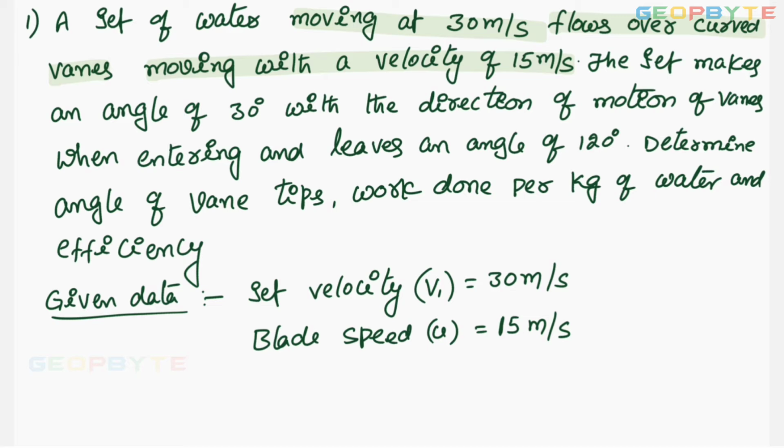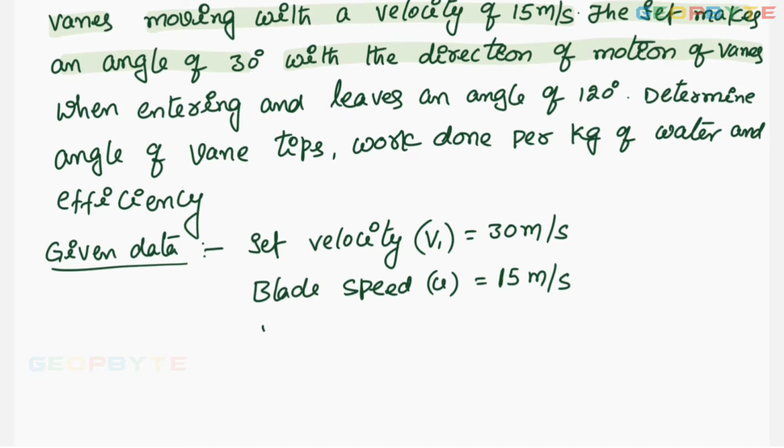The jet makes an angle of 30 degrees with the direction of motion of vanes. The jet entering angle alpha, with respect to the direction of motion, is equal to 30 degrees.